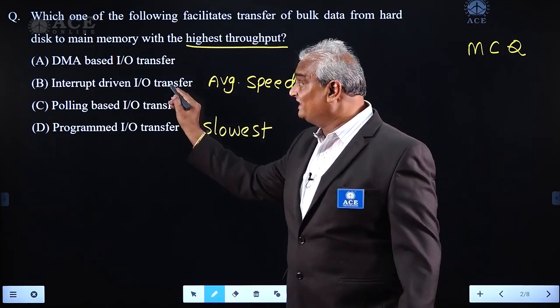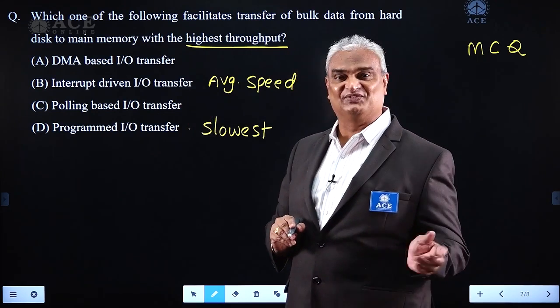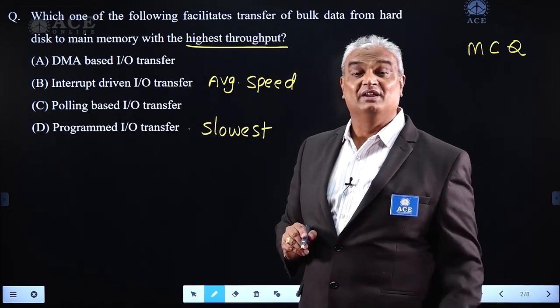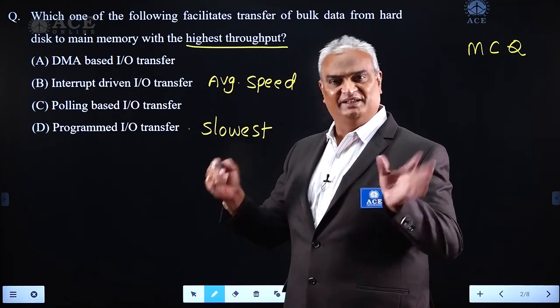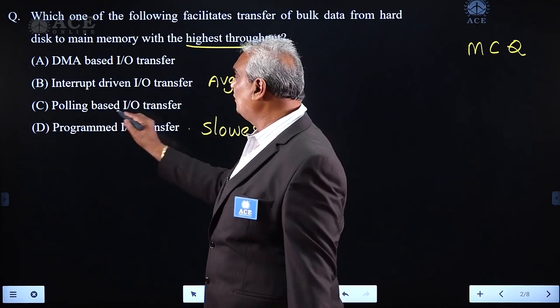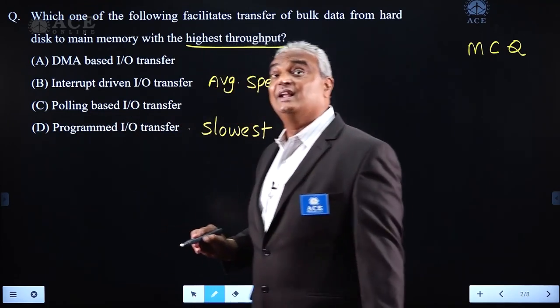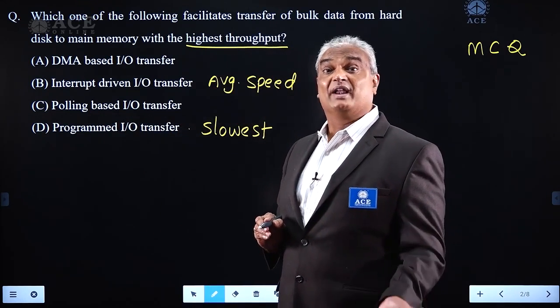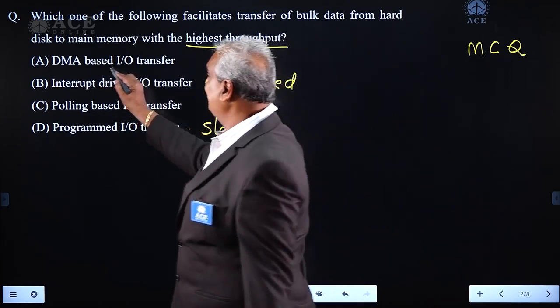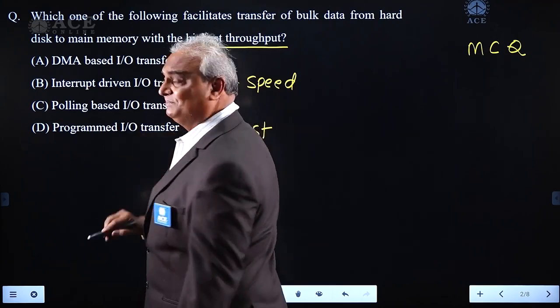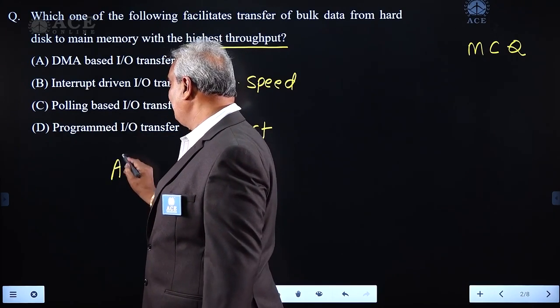What about the merit of this interrupt-driven IO transfer? It is used to save the valuable time of the processor, means no time waste will be there. Next, what about polling based IO transfer? It belongs to the one of the techniques in interrupt priority method. DMA based IO, it is the correct answer. Correct answer is A only.